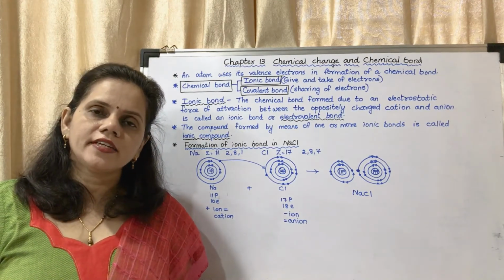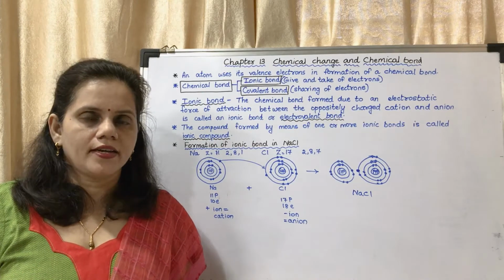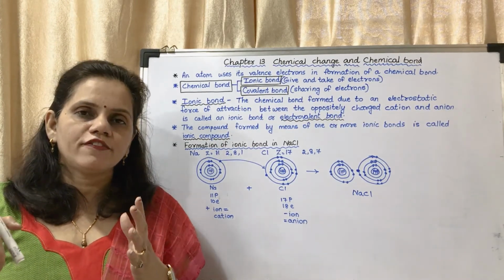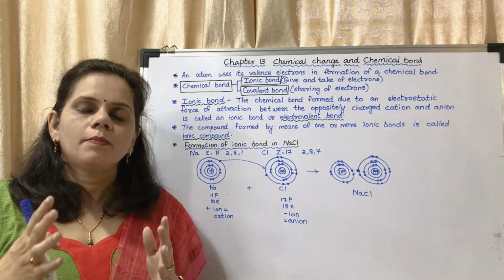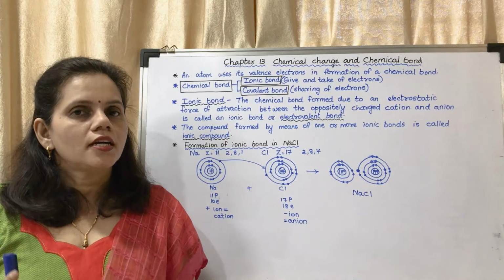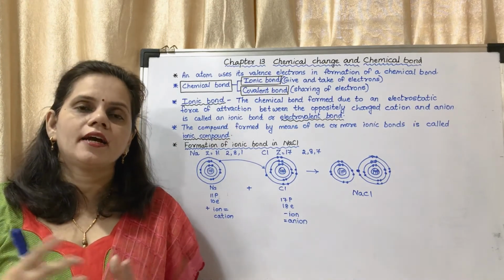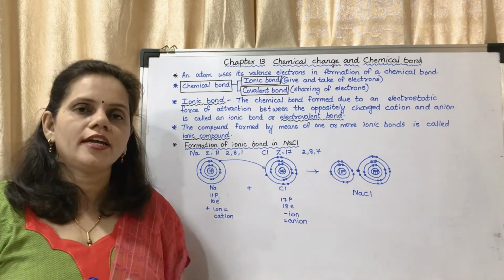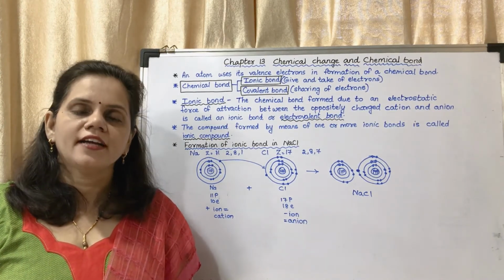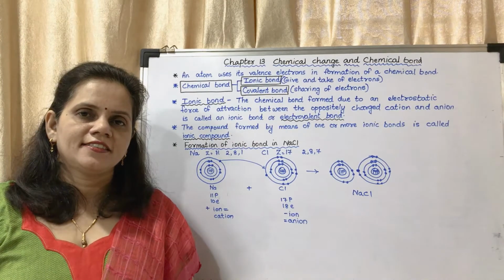Its electronic configuration is 2, 8, 7. So it will gain 1 electron. So there is a force of attraction between the positively charged sodium ion and the negatively charged chloride ion, and they combine together to form sodium chloride. So this is formation of sodium chloride. Now we will see the next.